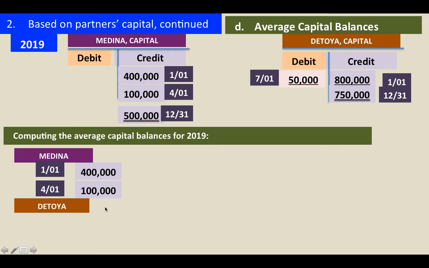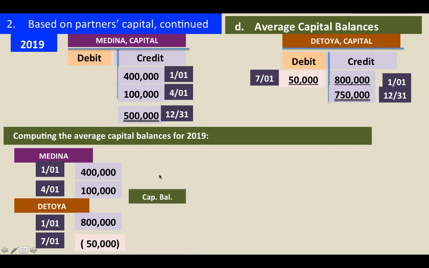Class, for De Toya, on January 1st, there is 800,000. However, on July 1st, there is a withdrawal of 50,000. So these are the transactions that had occurred on Medina and De Toya's capital. Okay, so let us now get the capital balances.